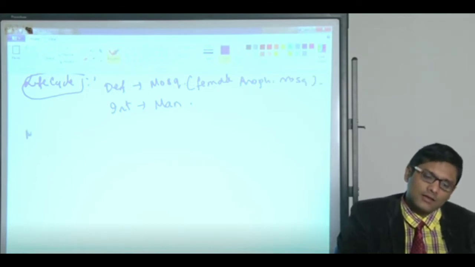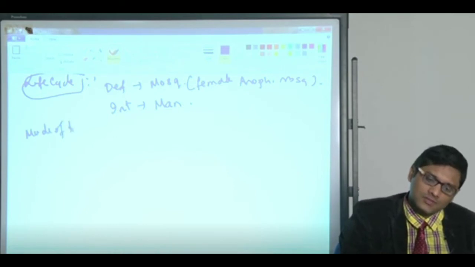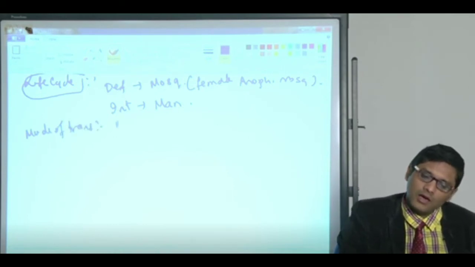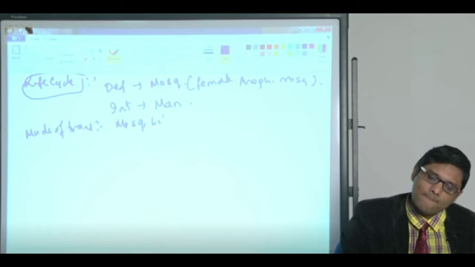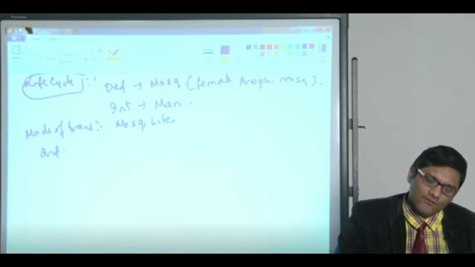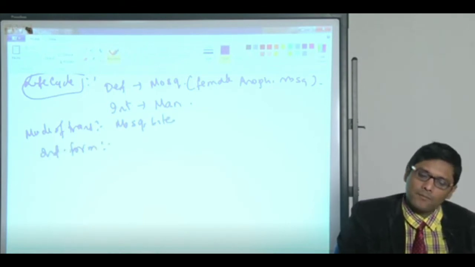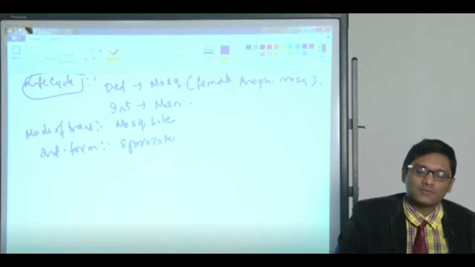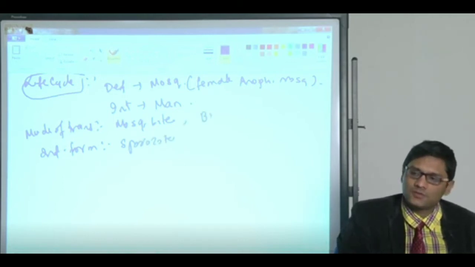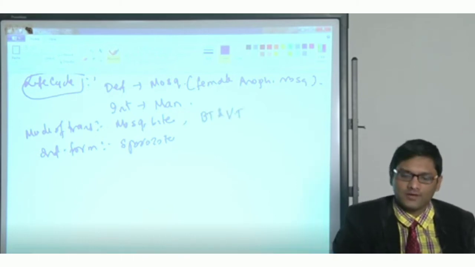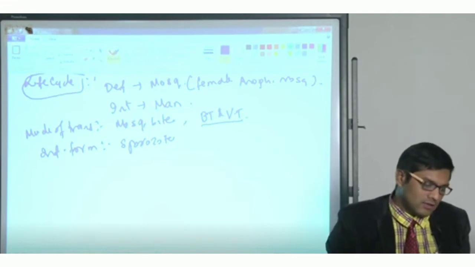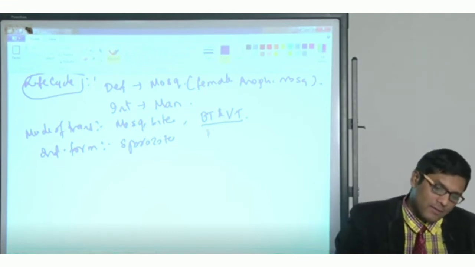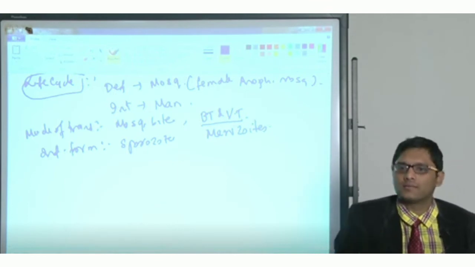And they say that if the mode of transmission is mosquito bite, then the infective form is sporozoite, but mode of transmission can also be blood transfusion and vertical transmission from mother to fetus. In these 2 cases, the infective form will be merozoites. Directly merozoites can be the infective form.